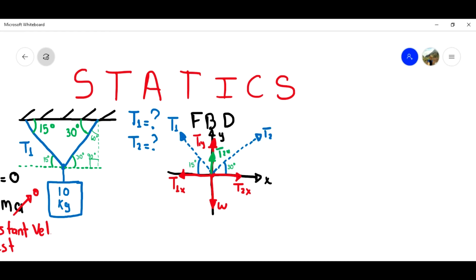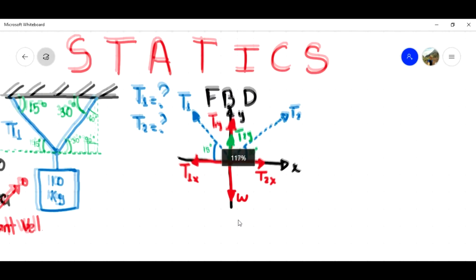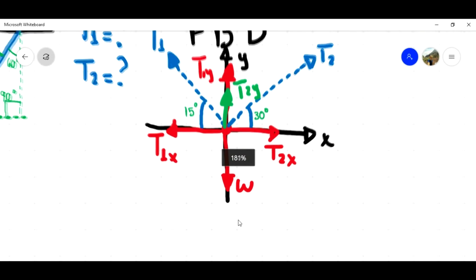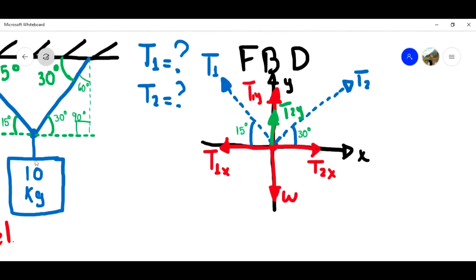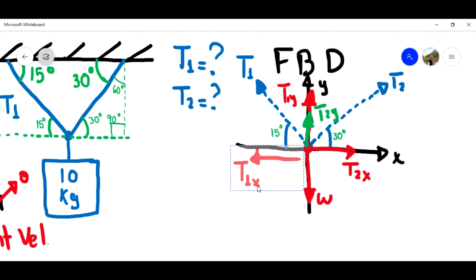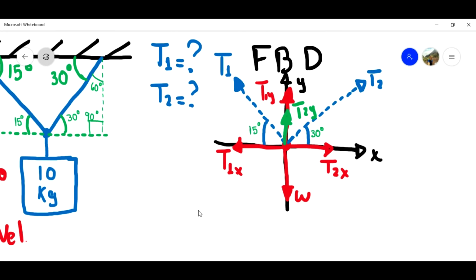Now, one important thing about this problem, if you remember, the previous topic was dynamics, okay? And in dynamics, the block was over a surface. So every time that the block is on a surface, the surface is going to have a reaction force over the block, and that reaction force is called the normal force.